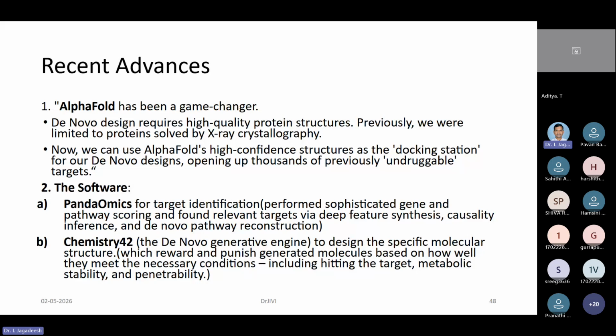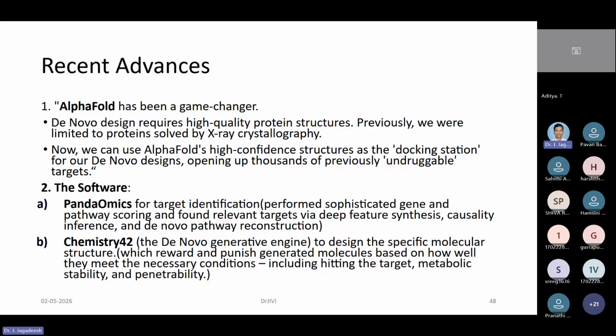Now, because of AlphaFold's high-confidence structures, de novo design and docking are opening up thousands of undruggable targets, and we get results near to what crystallography predicts. With AlphaFold we are able to get a similar pocket and go ahead.